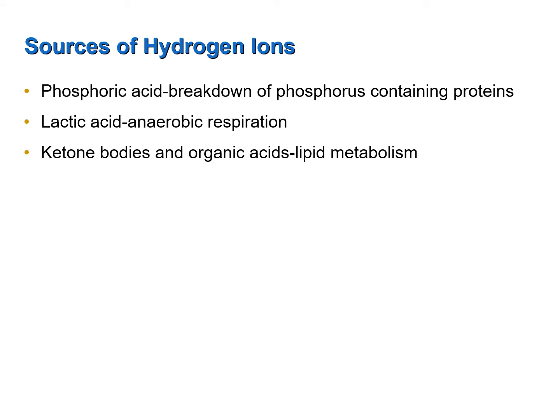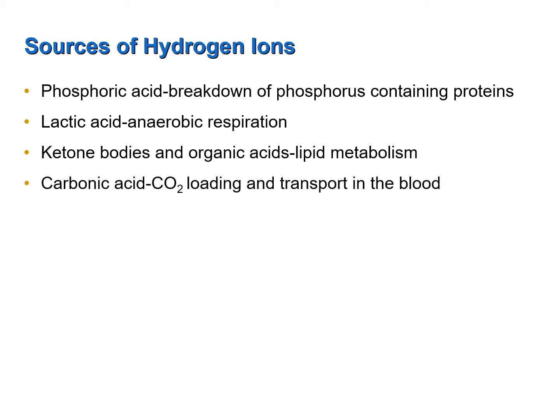Ketone bodies and organic acids are produced as a result of lipid metabolism, and carbonic acid is produced as carbon dioxide enters the plasma. So there are many normal sources of hydrogen ions in the human body.